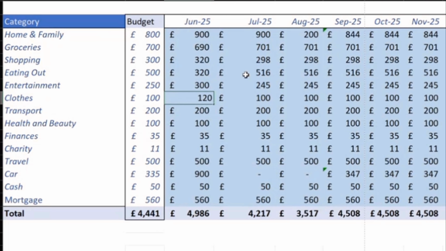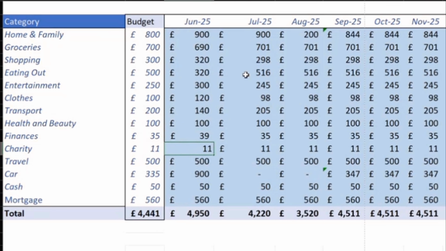Clothes, a bit more expensive than usual. She didn't spend that much on transport. Health and beauty was exactly as it should have been. Finances, which are things like insurance in her world, she spent £39 on them.